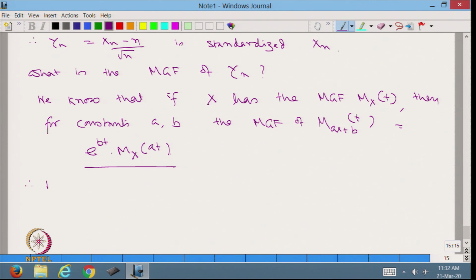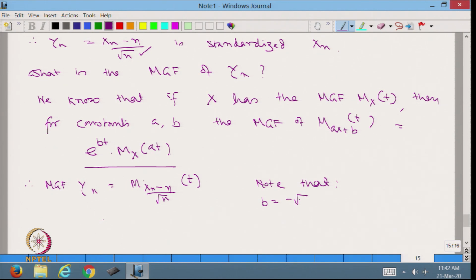Therefore, the MGF of Y_n is equal to the moment generating function of (X_n minus n) upon root n at t. Note that b is equal to minus root n and a is equal to 1 upon root n.